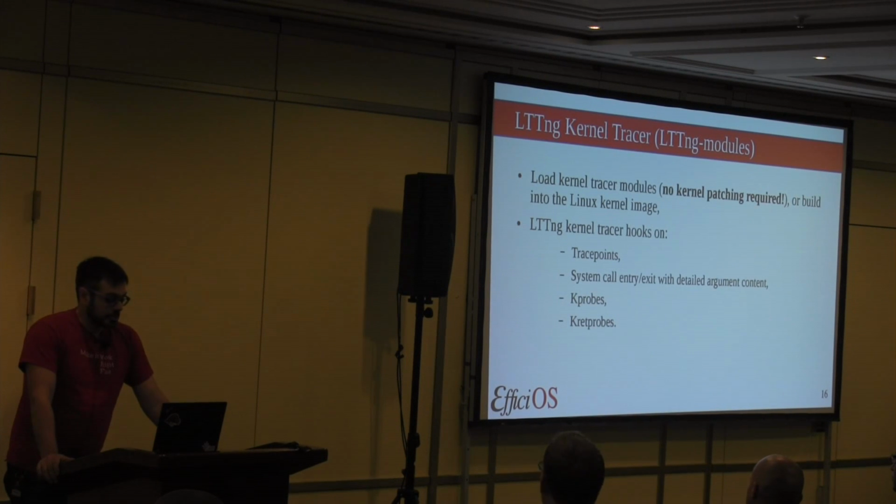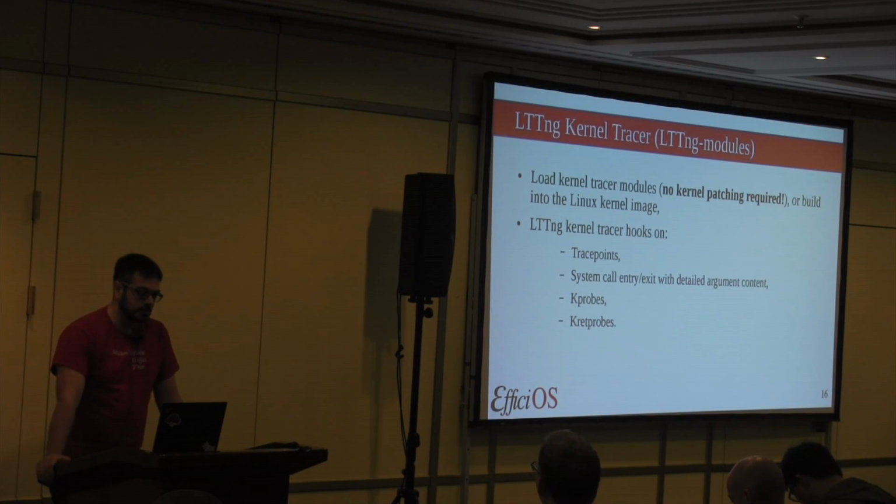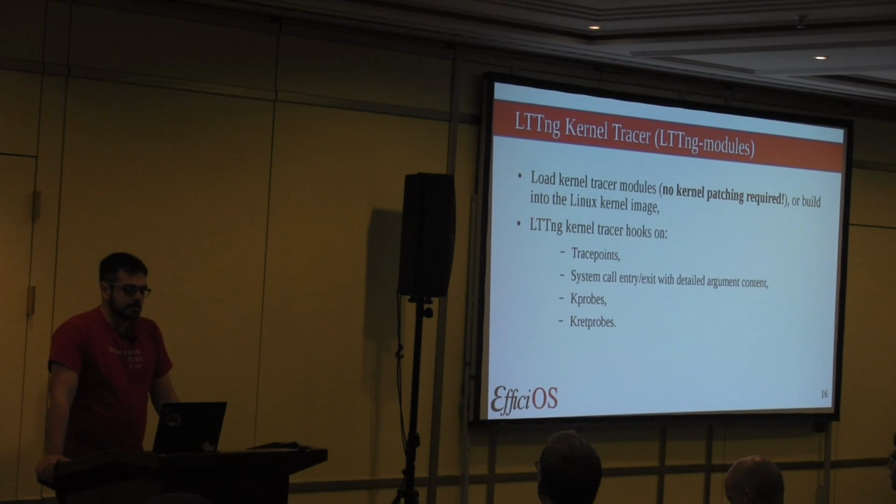And it uses tracepoints, system call entry and exit instrumentation. But one strength of the LTTng modules is that it does a large part of what strace does, but much more efficiently. So we extract detailed arguments of most system calls, which is not done by the other tracers like ftrace.